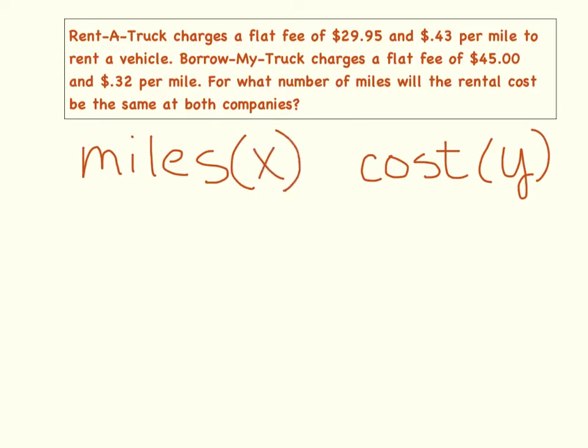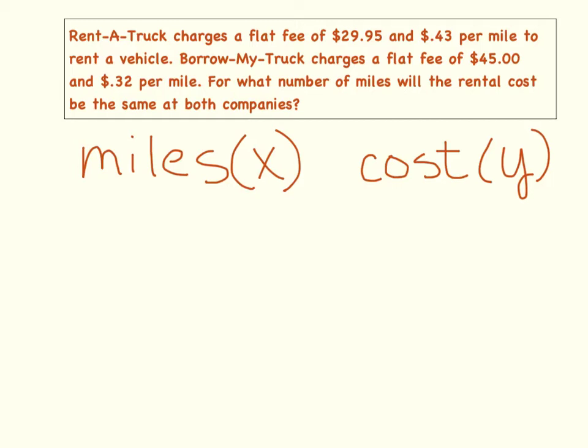So now let's go back up to the beginning of the problem and see if we can start to write our equations. Okay, the first thing I notice is that it says there is a flat fee of $29.95. Anytime you see the words flat fee or down payment, initial cost, the starting up cost, that usually means that the number that follows it is the constant.